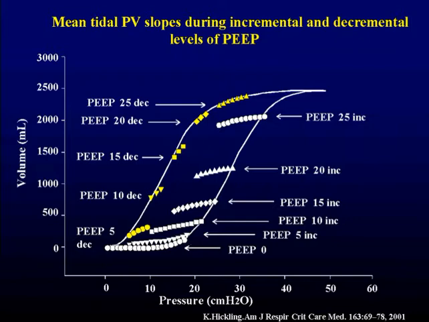But when going back on the deflation limb, he saw that for every level of PEEP, the tidal PV slope, that is compliance, was much higher on the deflation limb when compared to the inflation limb. Moreover, he saw that the slopes were actually drawing the line of the deflation limb of the volume-pressure relationship, and the loss of compliance during this decremental trial was related to the ongoing process of lung collapse.